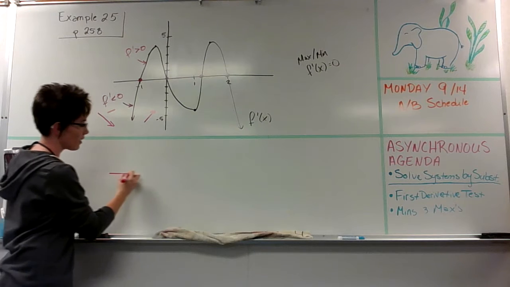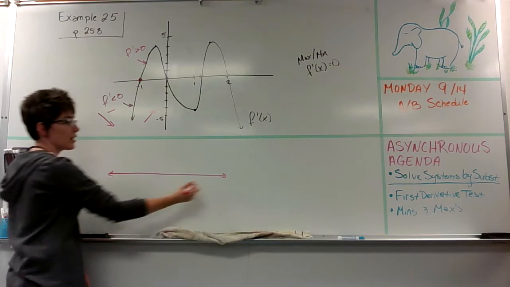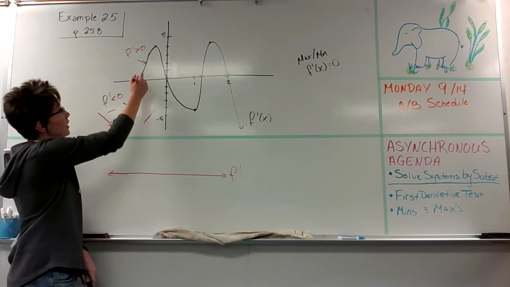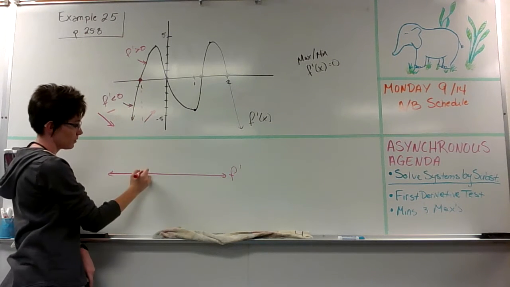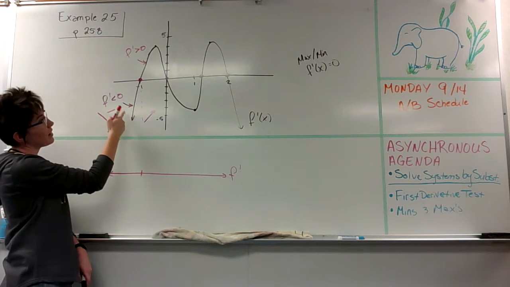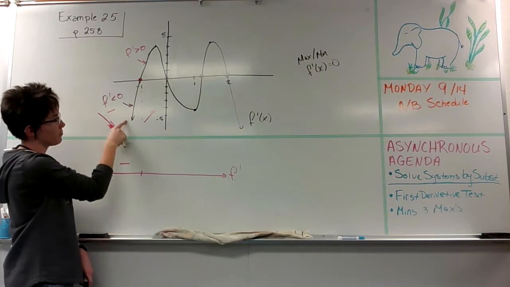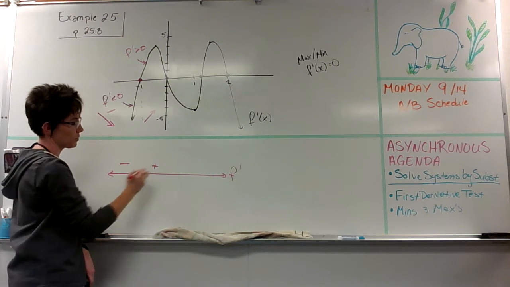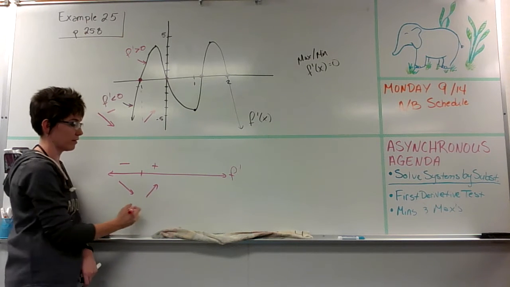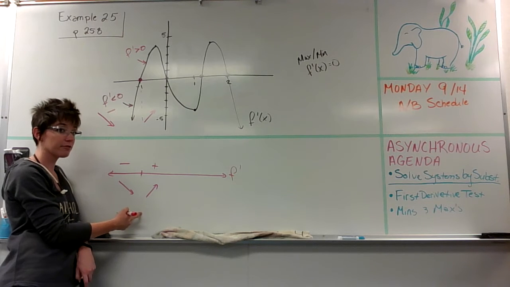So do you see, if I were to start drawing my sign chart for f prime, this 0 right here corresponds with a negative to positive slope. So the derivative was negative, and then it switched to being positive. So negative to positive. This has to be a minimum for the original graph.